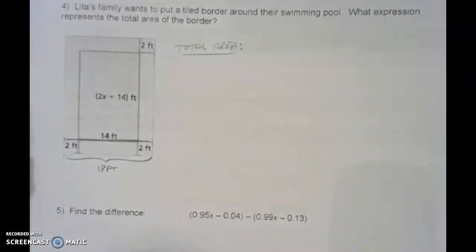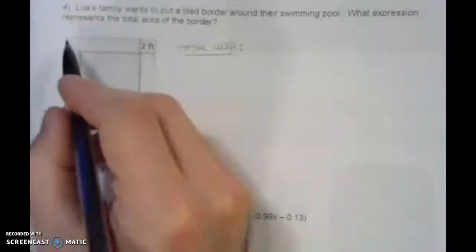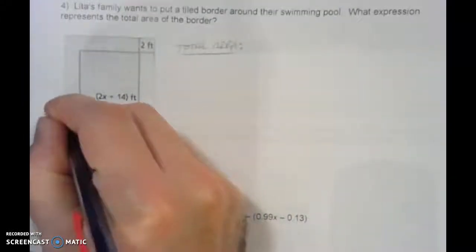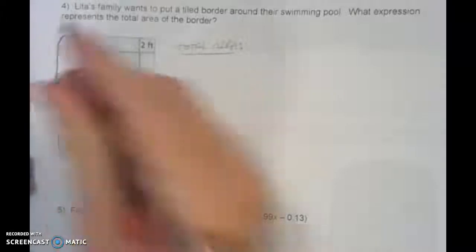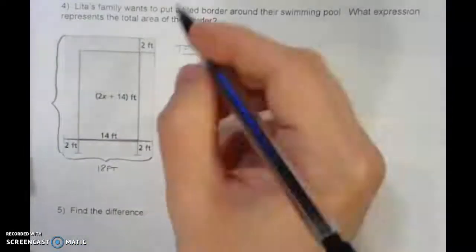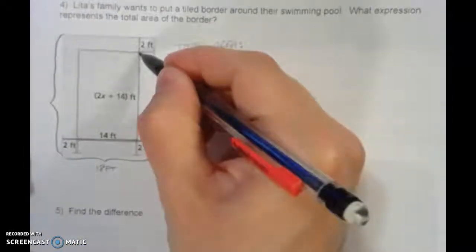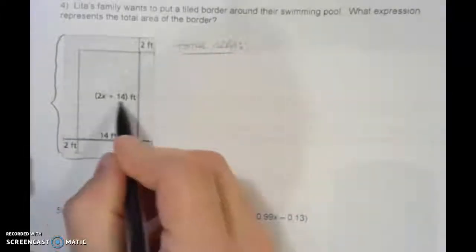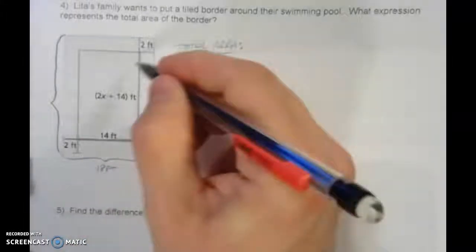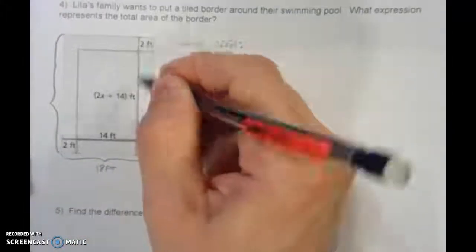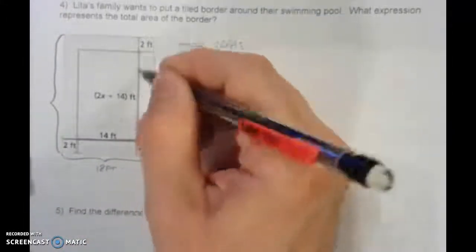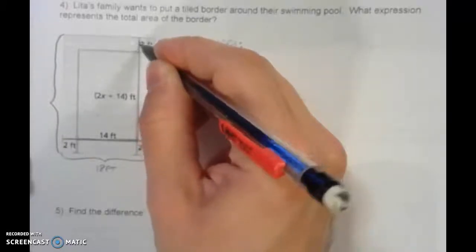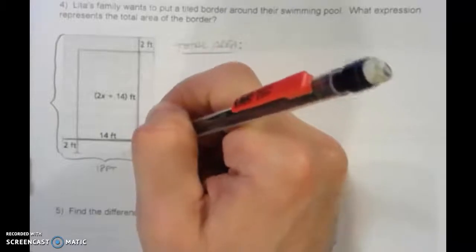And then we also have to figure out what the width is going to be, from this corner down here all the way to this corner up here. The width of the pool is labeled as 2x plus 14 feet. But when we add the border on, I'm going to have another 2 feet here, plus another 2 feet here.